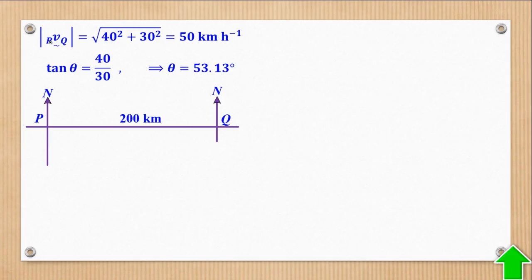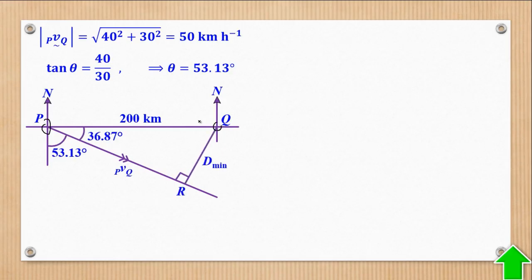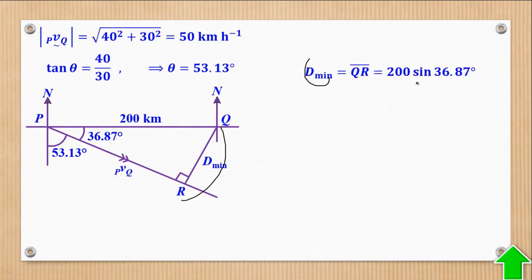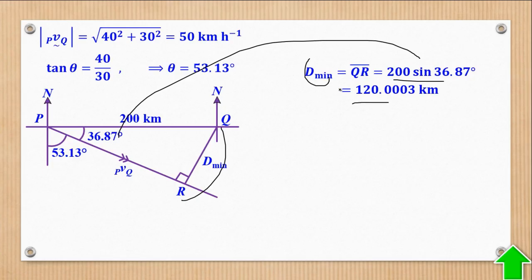Now here we have P relative to Q, meaning we shall come at P and draw the relative velocity. Then at Q, we shall drop a perpendicular to meet the relative velocity. So now that you have got a right angle triangle, you can easily get the D minimum, which is QR, to give you 200 sine 36.87, which is this, and that will be the shortest distance.